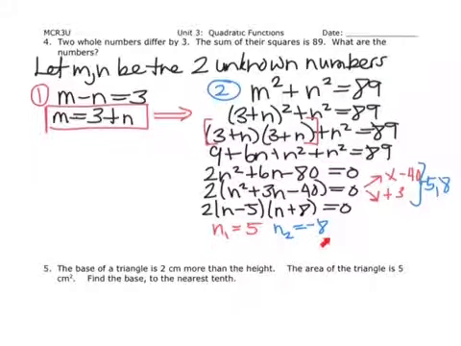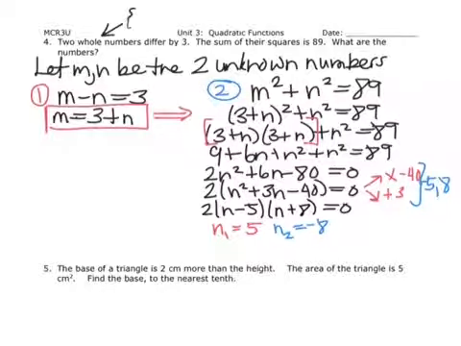Let's go back to the question and see if both of these solutions are okay or are acceptable. So it says two whole numbers differ by 3. So if you go into the definition of what a whole number is, the set of whole numbers are the set of positive integers including 0. So a whole number, we'll just write a little note here.